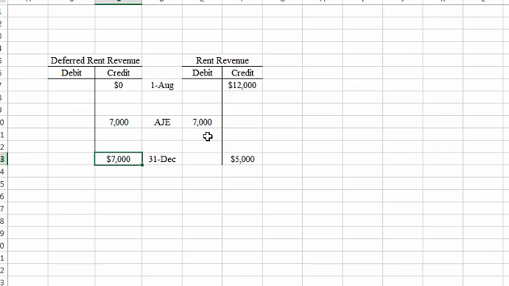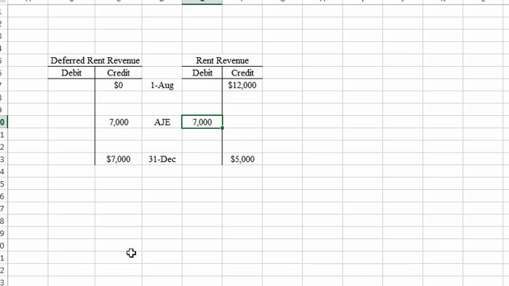So to do that, our adjusting entry will be a debit to rent revenue for $7,000 to bring its balance from a credit of $12,000 down to a credit of $5,000. And it'll be a credit to deferred rent revenue, our liability account, to bring its balance from 0 up to $7,000.